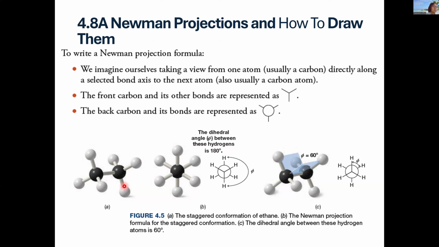Each carbon is bonded to 4 different atoms. 3 of the atoms are hydrogens, the other is carbon. And the other carbon is also bonded to 3 hydrogens and the other carbon. And this carbon here utilizes what type of hybrid orbitals?